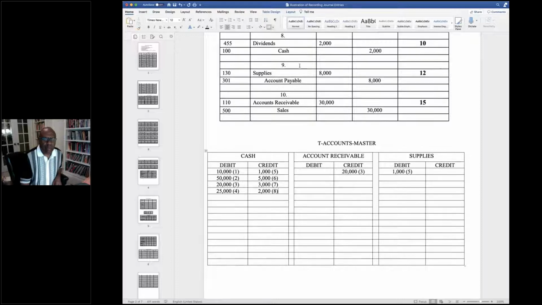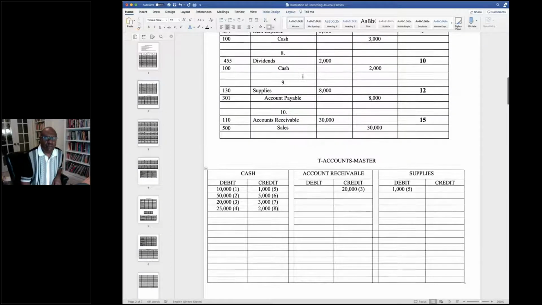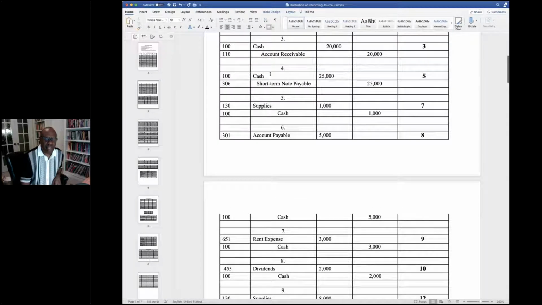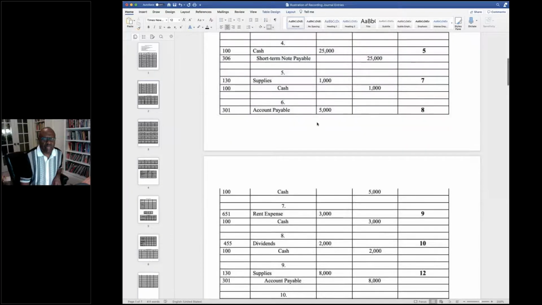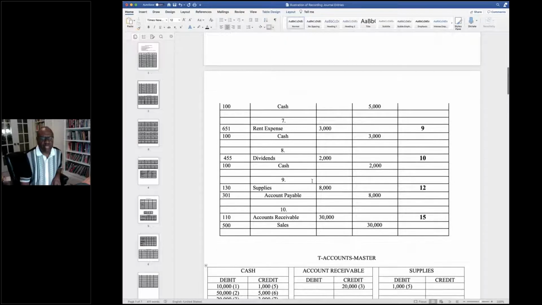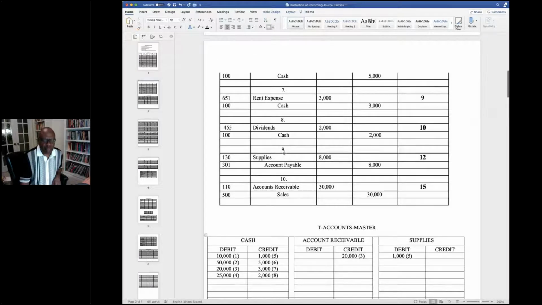So our first 4 transactions dealt with cash receipts. Cash was debited. Our next 4 dealt with cash payments. Cash was credited. The next 2 transactions do not involve cash. In the first one, we purchased supplies on account. This is just like buying something with a credit card.